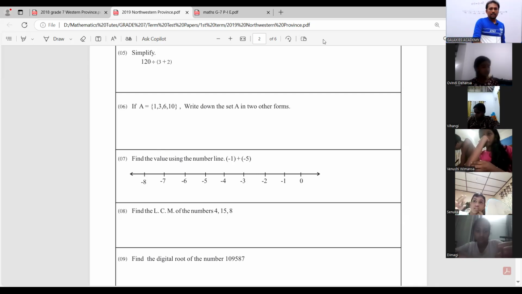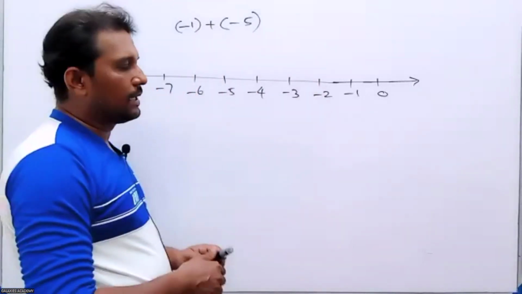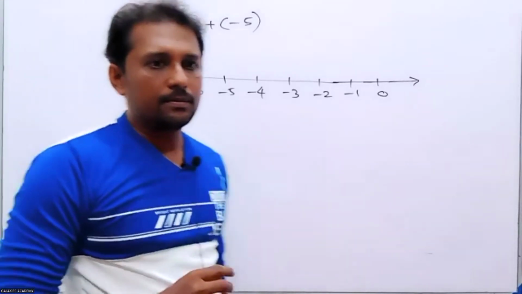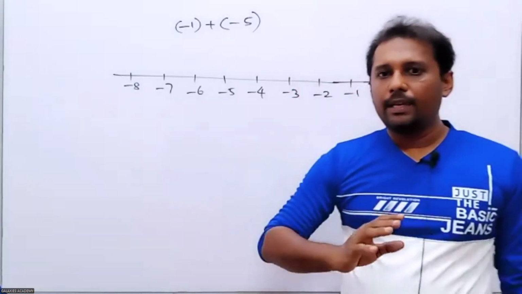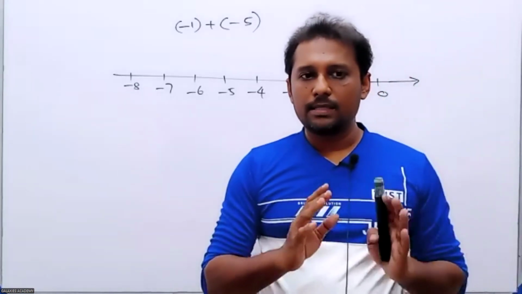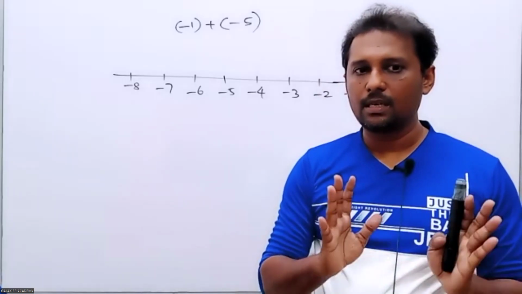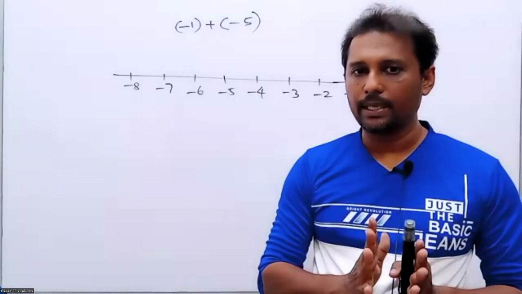Right. Then revise how you can add directed numbers using the number line. First directed number you can see is -1, right? Every time you have to start this journey from 0. හරි හැමතිස්සෙම ගමන ආරම්භ කරන්නේ කොතනින්ද අපි 0 එක.